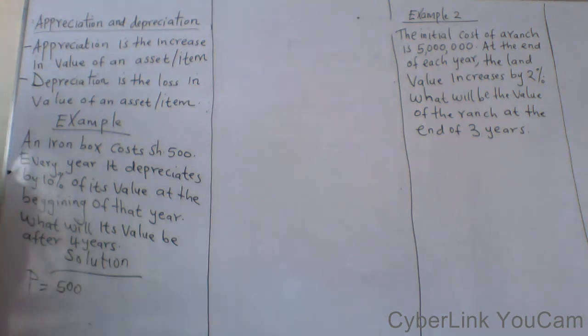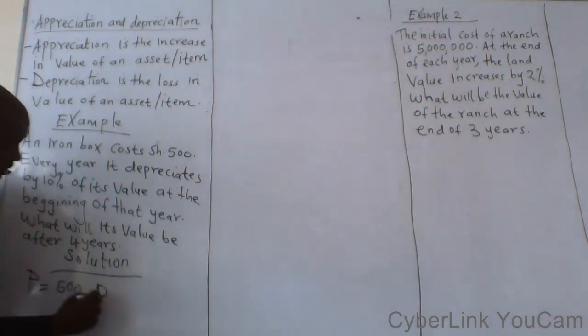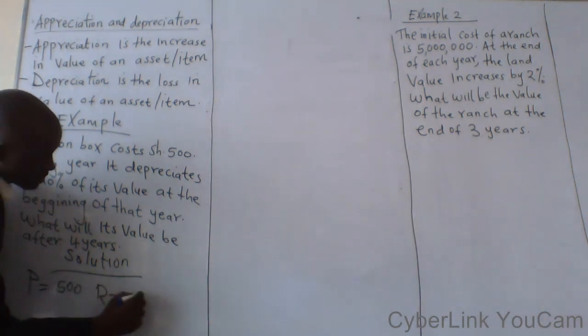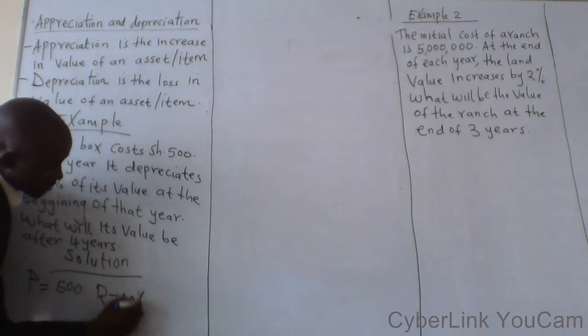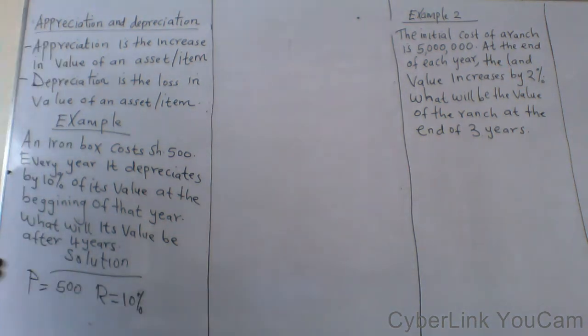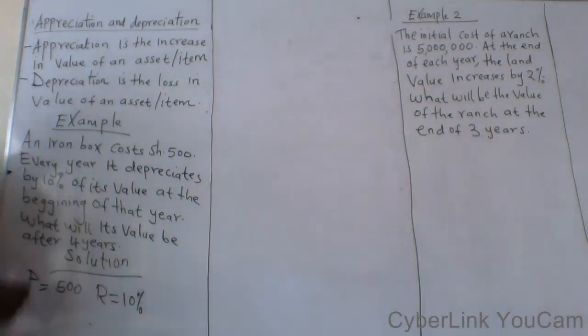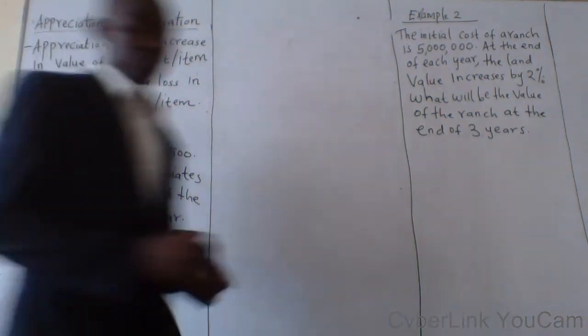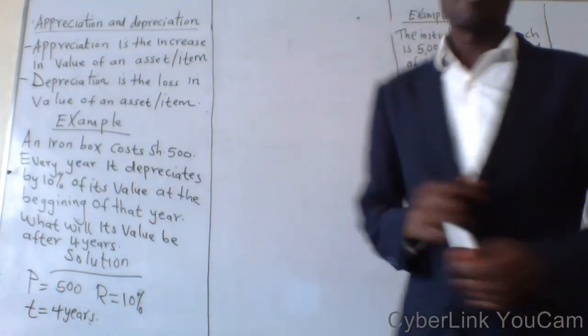That is where we start. We have also been told the rate is 10%. We have also been given the number of years, or time. Time is 4 years. So that is the information we can pick from that question.